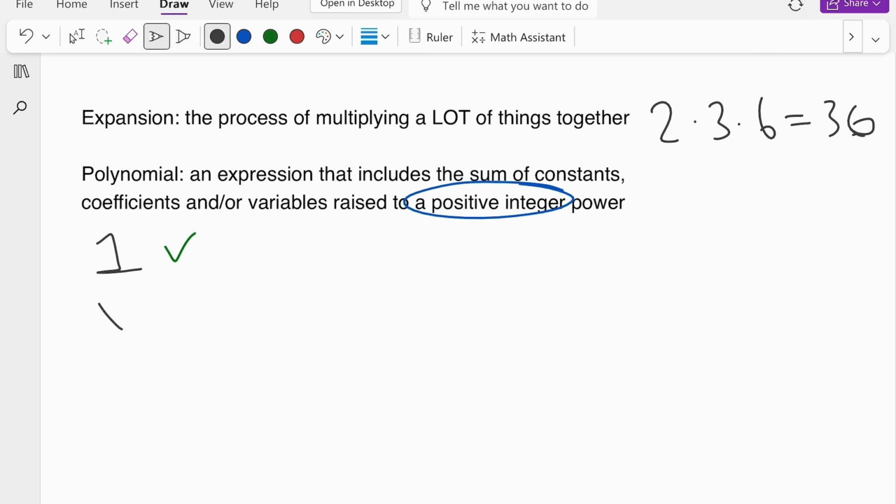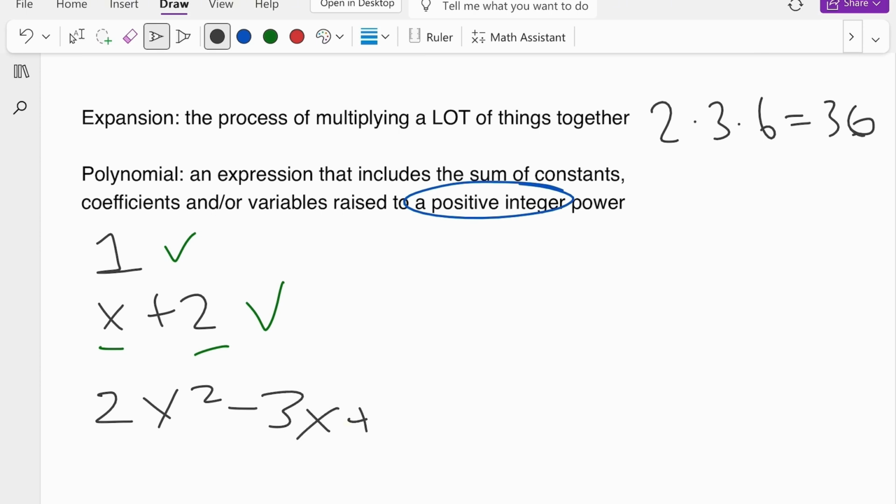Now, for example, x plus 2, that is a polynomial. Why? Because we have a variable and we have a constant. So yes, this qualifies. Now, what if I say 2x squared minus 3x plus 4? And you're probably like, whoa, that's a lot of things.